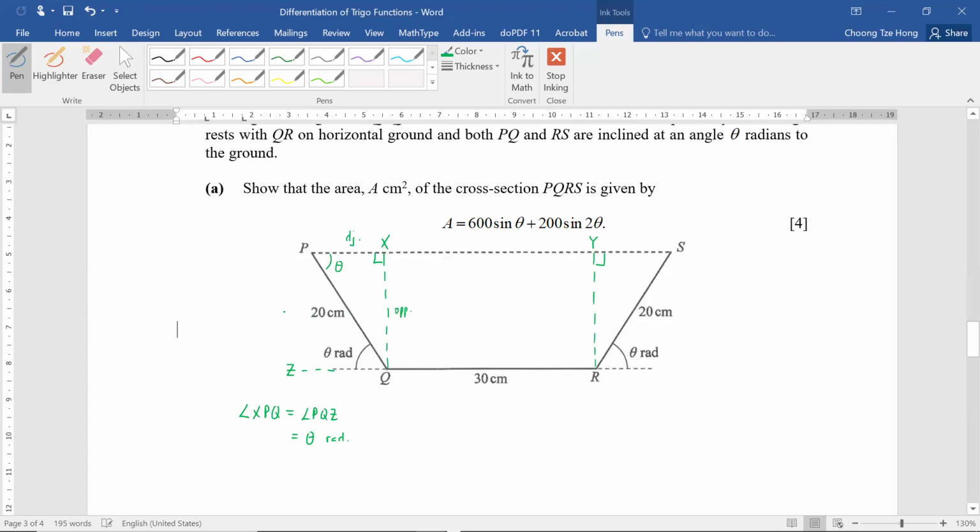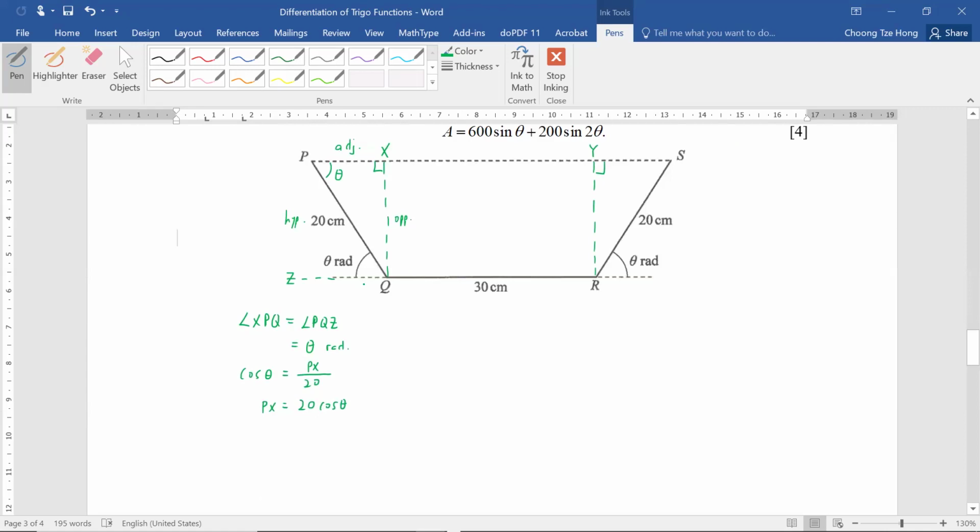Of course the 20 will be the hypotenuse. Since we are finding PX, the adjacent side, and we know the hypotenuse is 20, the trigo ratio that involves adjacent and hypotenuse is cosine. So cosine theta equals PX over 20.